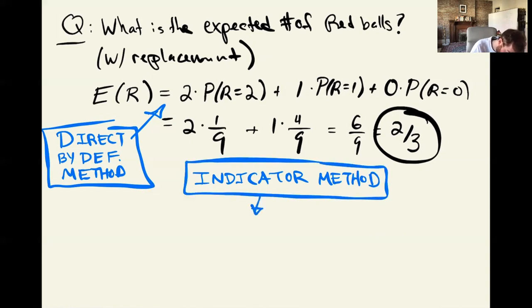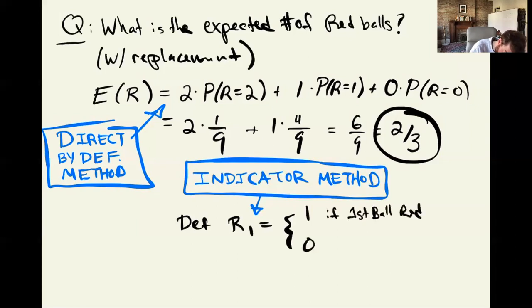So here I'm going to define R1 to equal 1 if the first ball was red, and 0 if the first ball is not red. So what's the probability the first ball is red?